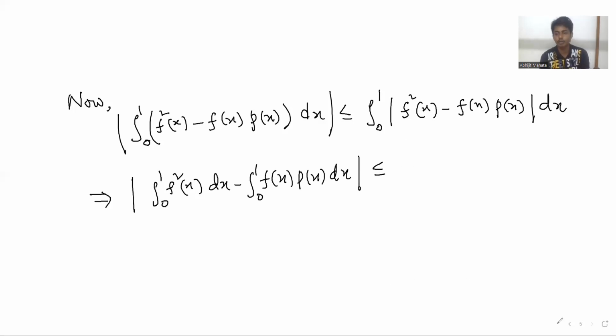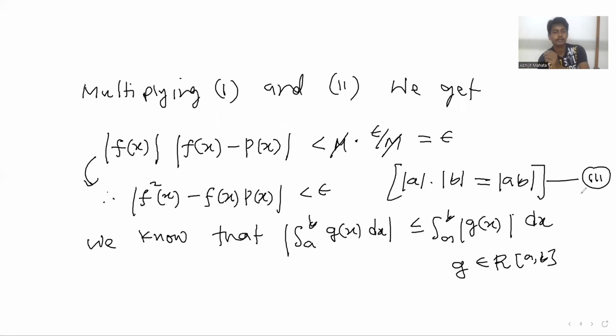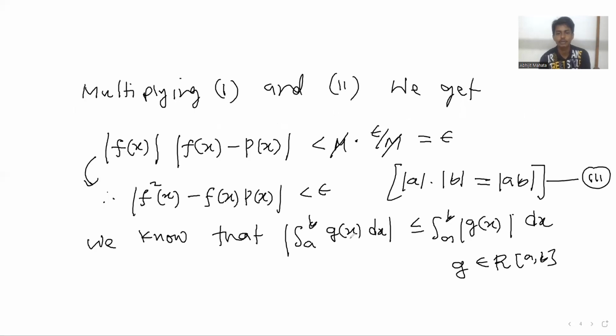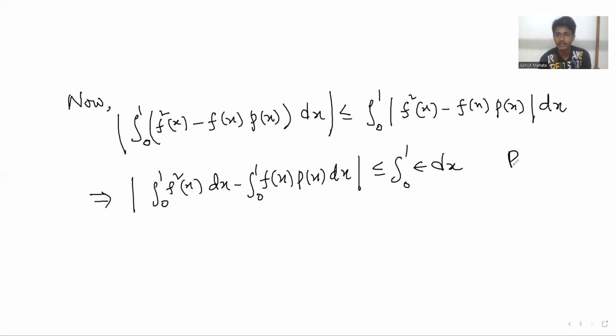If you go to equation 3 and take the integration on both sides, then this integral will be less than the integral from 0 to 1 of epsilon dx, because this quantity is less than epsilon by 3.